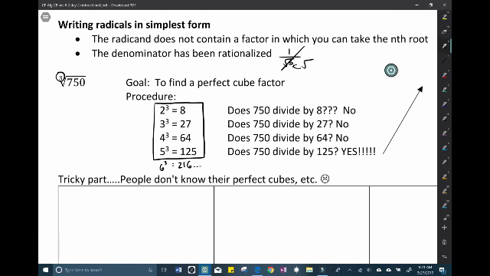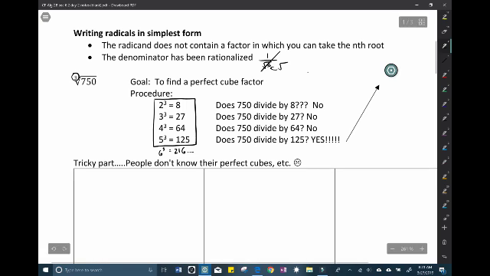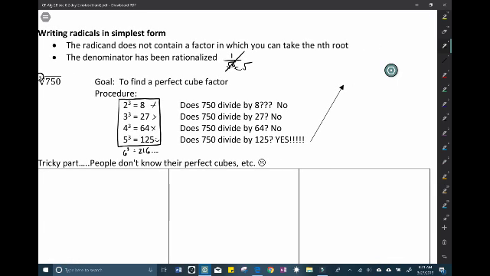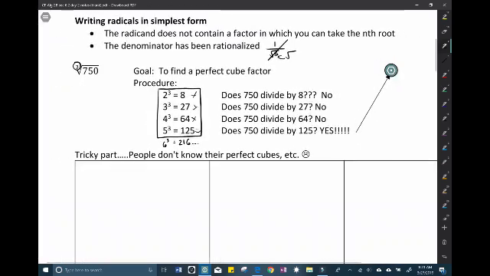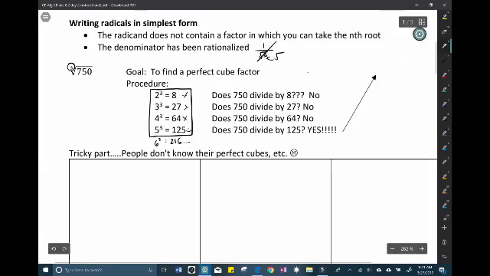Now, the idea is to try and see, does 750 divide by 8? No. Does it divide by 27? No. 64? No. But it does divide by 125. So what you can think of is that the cubic root of 750 is also the cubic root of 125 times the cubic root of 6, and the cubic root of 125 is 5, so 5 cubic root of 6.